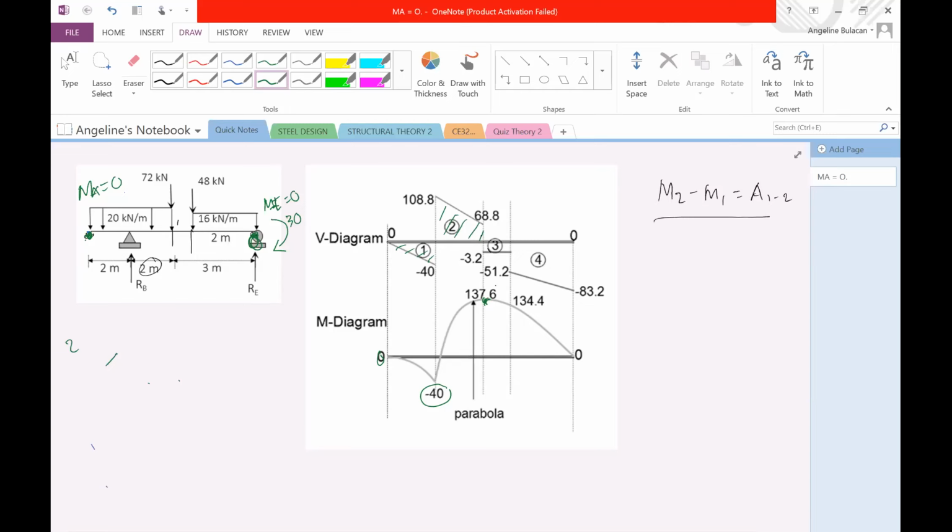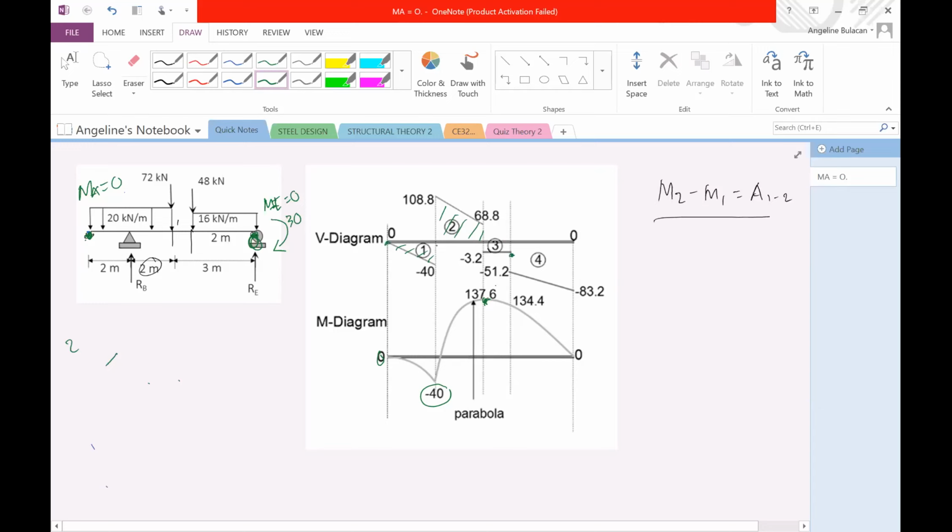So, ang lalabas sa calculator nyo is, ano nga yun? We have 108.8 plus 68.8 divided by 2 times 2. So, we have 137.6. Ayan na.